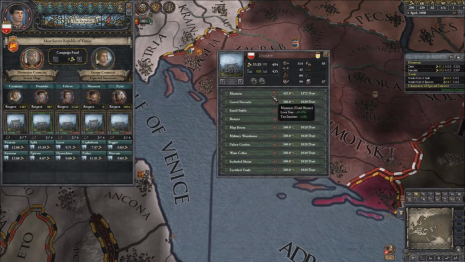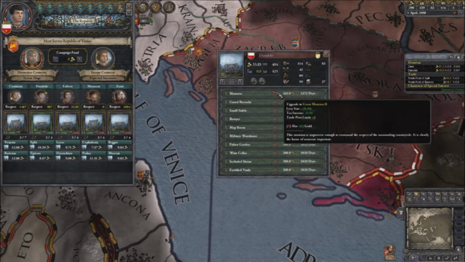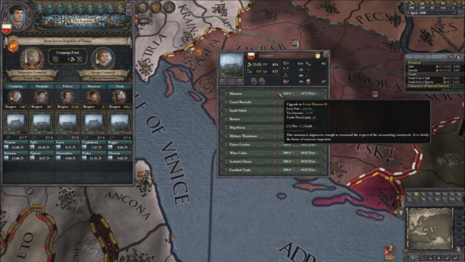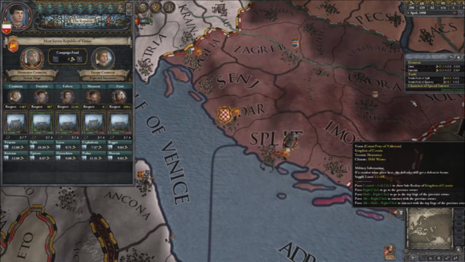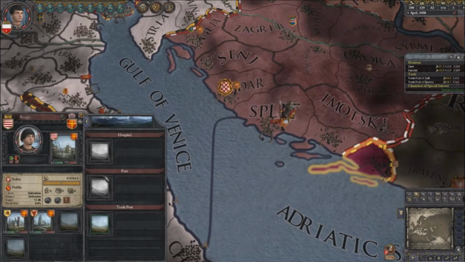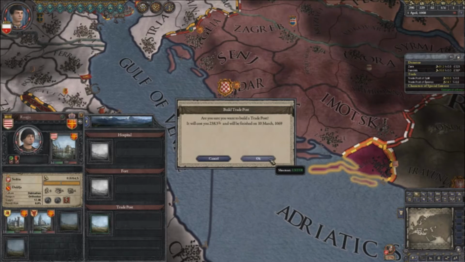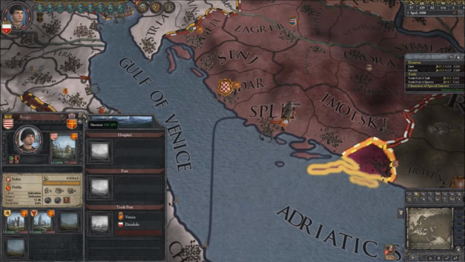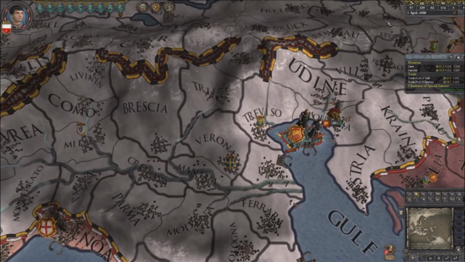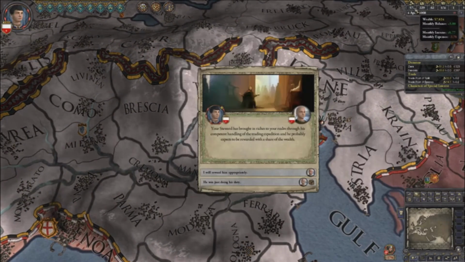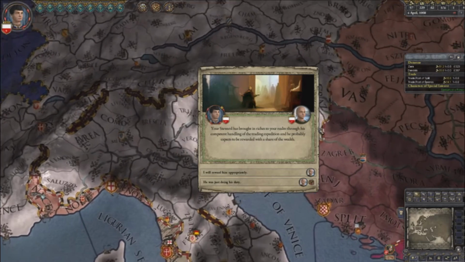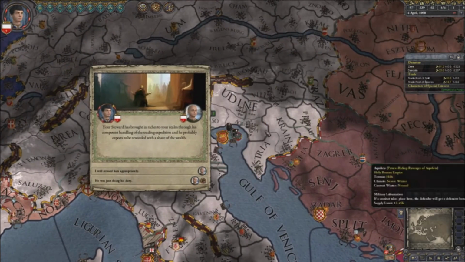Build ourselves another trade post. Or save it up to be able to upgrade our mansion. No, I'm going to put a trade post in Ragusa next. There goes most of our money, but I think it will be a wise investment. I hope so. Allow us to increase our profit going forward.